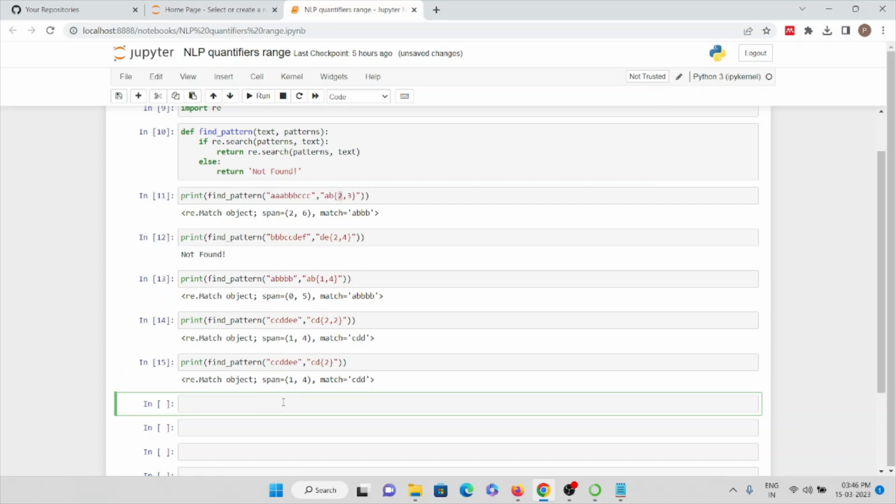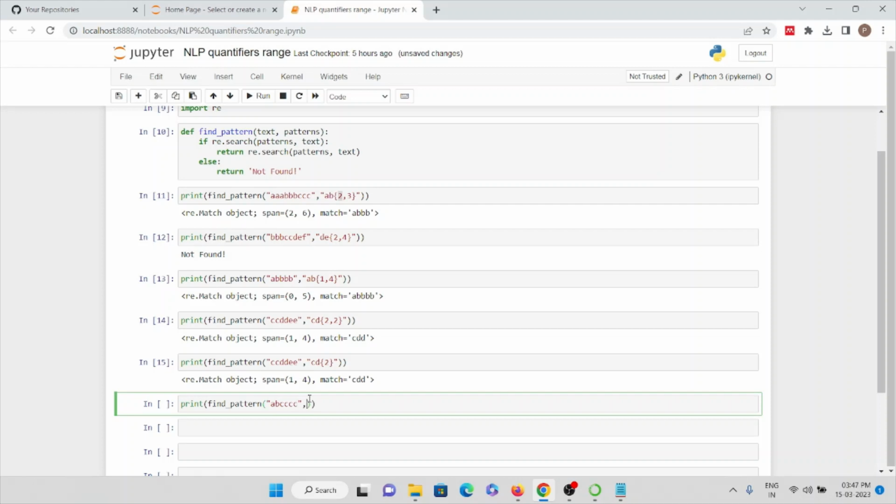Okay. So let's take one more example so that we can understand in a better way. Find pattern. So here I will give A, then I will give B, then I will give 1, 2, 3, 4. Okay.